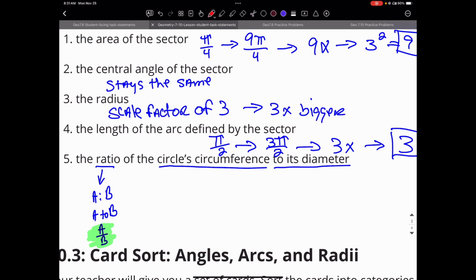So, a circle's circumference, 2 pi, or a circle's diameter, 2, or.